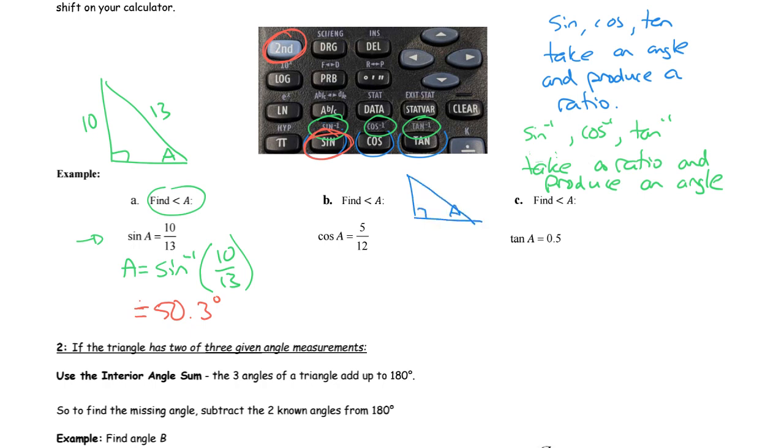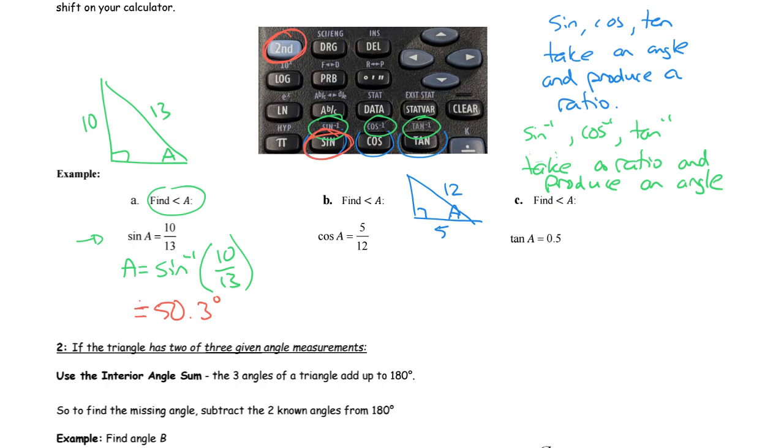Okay. Let's say that you had your triangle here. Again, here's A. This time you notice that the adjacent side is 5 and the hypotenuse is 12. Okay, well that's a cosine ratio. If I know the adjacent side and I know the hypotenuse, that's the cosine ratio.